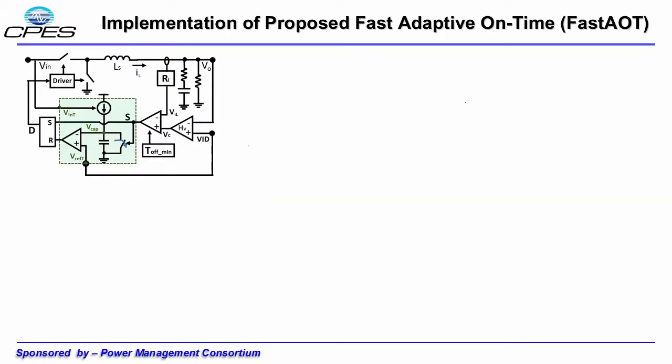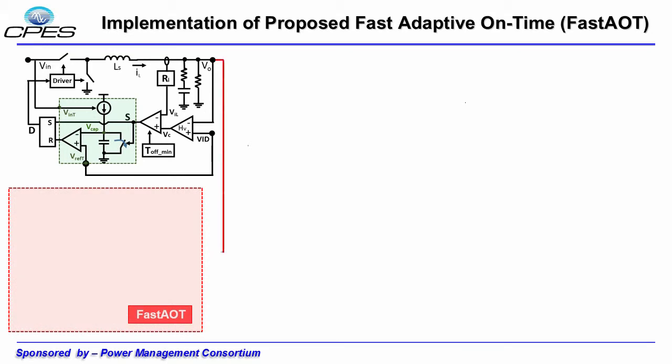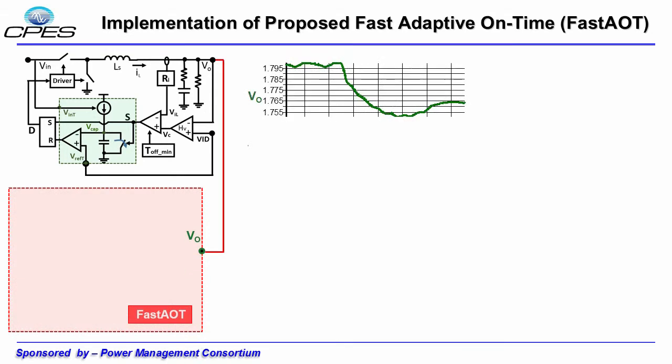Now let's look at the possible implementation of the proposed fast adaptive on-time concept. For the implementation, we start with a conventional adaptive on-time control where Vin and Vref are sensed by the T-on generator block to keep the frequency variation under control. First, we take the Vout and use a bandpass filter to detect the undershoot or overshoot at the output.